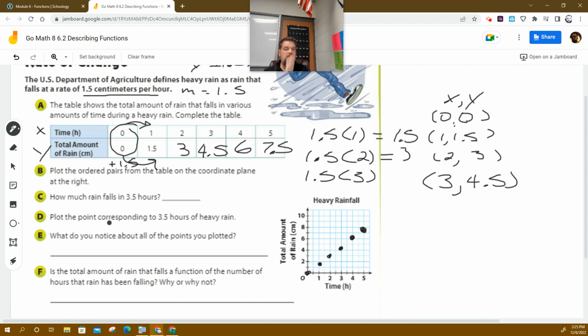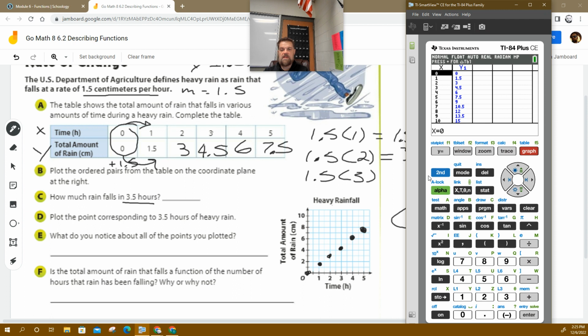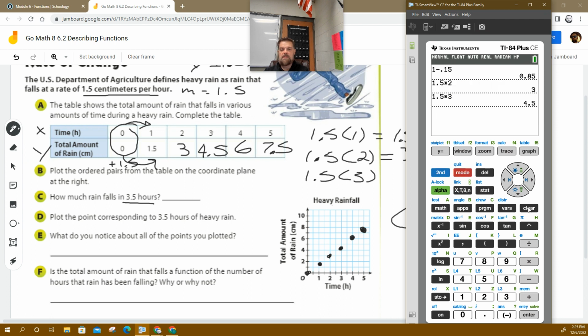Now it says, how much will it be when it's 3.5 hours? Well, what I need to do is say 1.5, and then put in my x, which is technically the hours. So they said 3.5 hours, so I'm going to plug in 3.5. Now I'm just going to use my calculator for that, so I'm going to hit second quit, and I'm going to say 1.5 times 3.5.